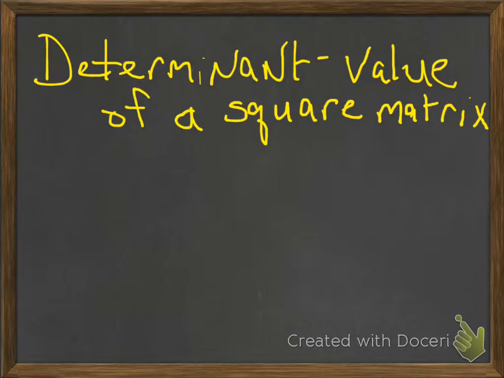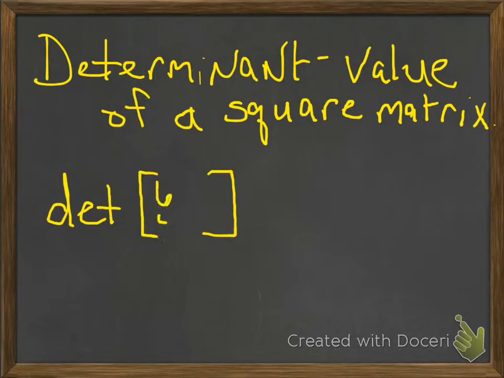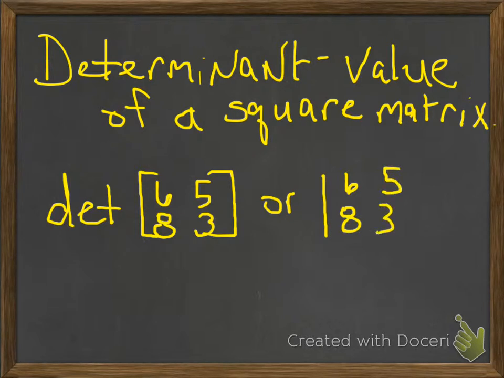If I ask you for the determinant, it would either say DET first and then have the matrix, in this case 6, 5, 8, 3, or it will have that symbol that looks like absolute values, but also has the rows and columns of a matrix. Either one means I'm asking for the determinant. More than likely on the quiz I'll put DET of whatever.